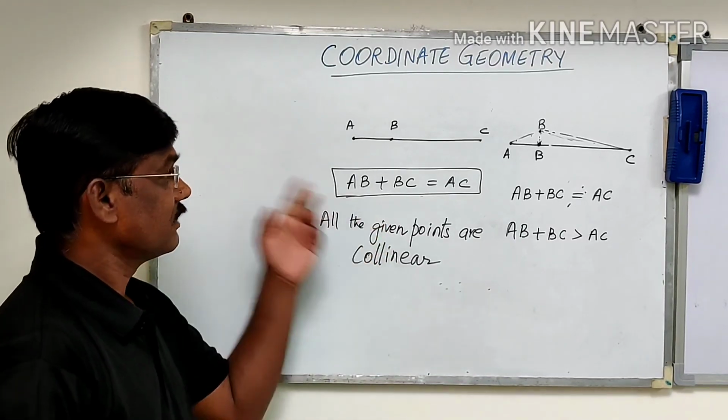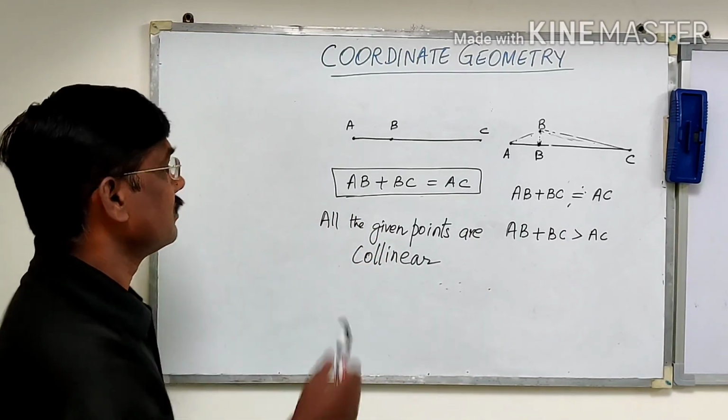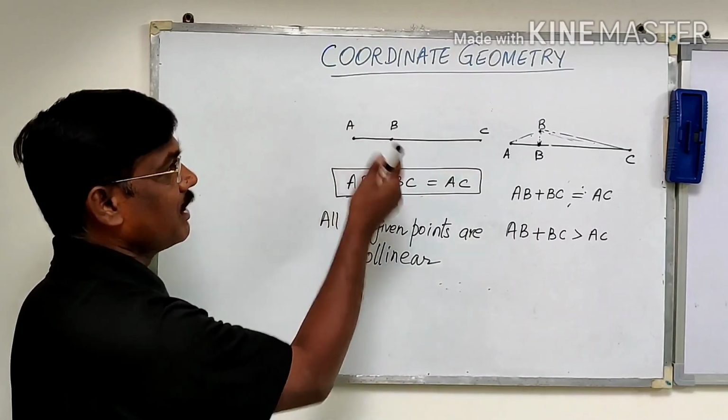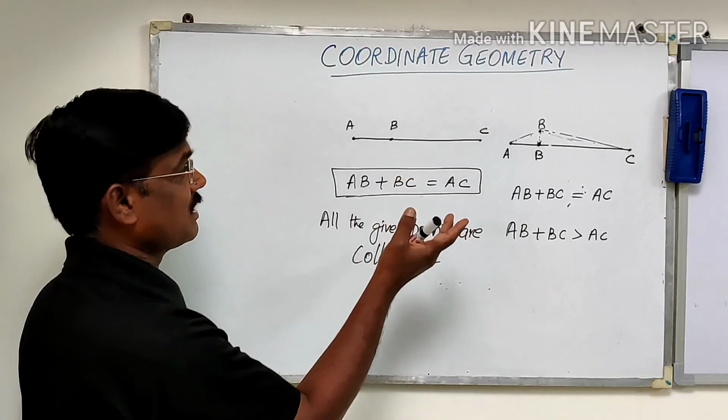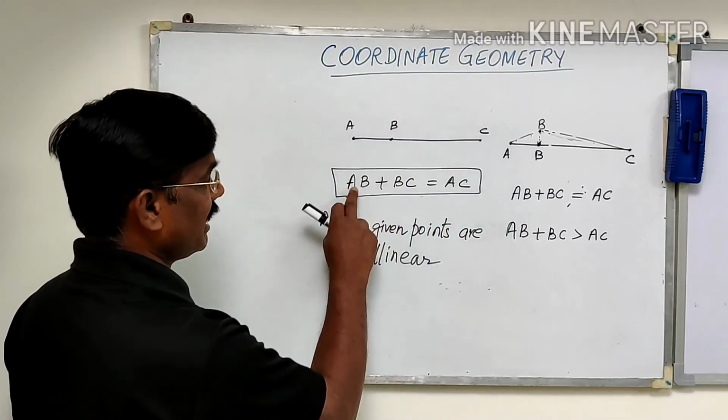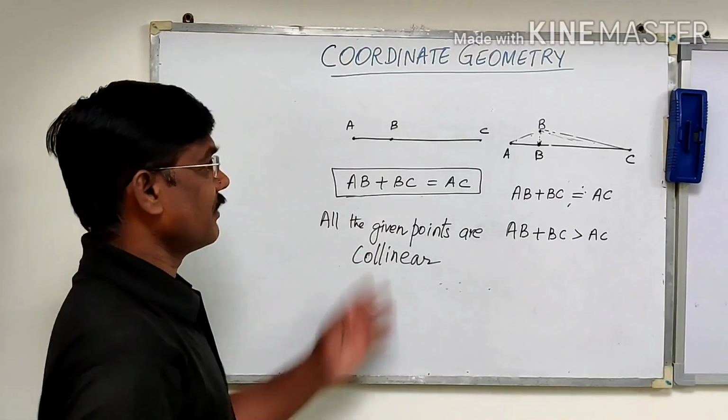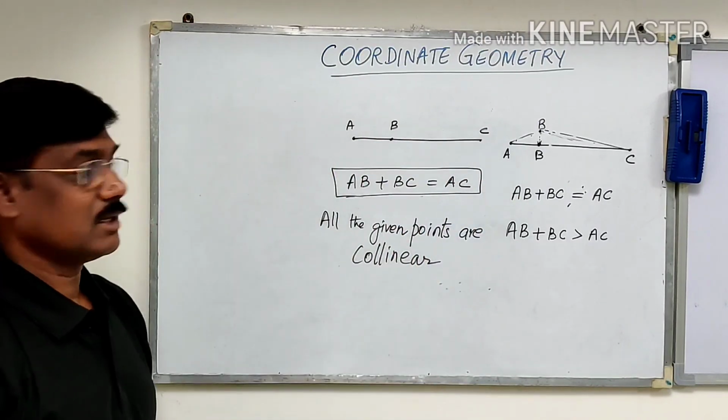So this is the condition for collinearity, and AB is nothing but the distance between A and B using the distance formula. Find the distance between B and C using the same formula, and also AC. If this condition is satisfied, then the points are collinear.